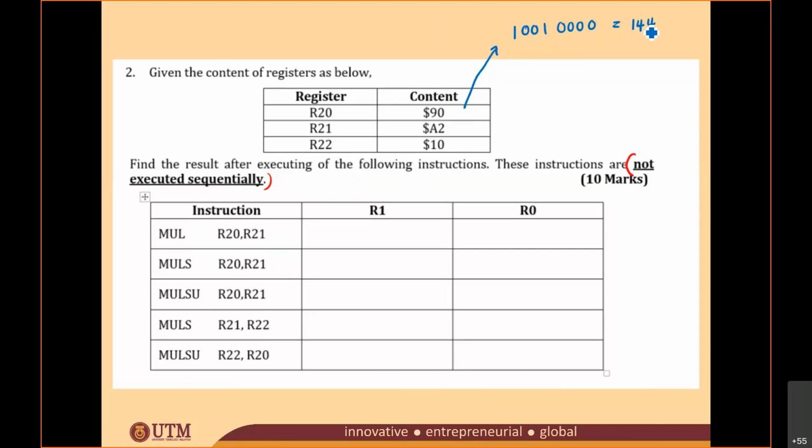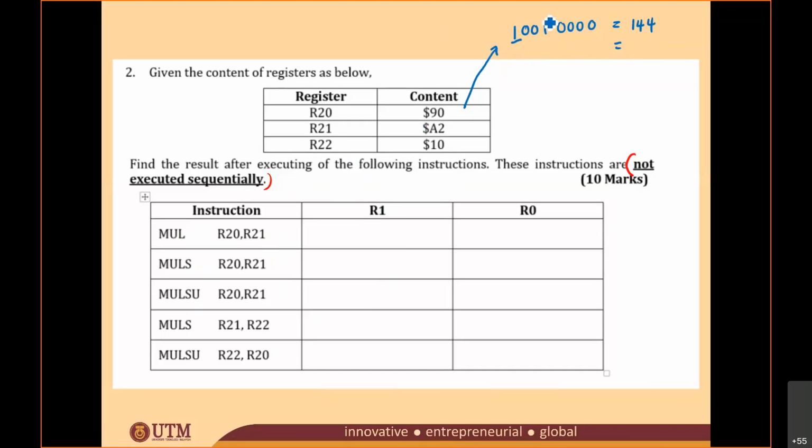I don't have a calculator, so the result here depends on you. If you give the wrong answer, then the result will be wrong. If this number R20 is a signed number, I need to check bit number 7. Since bit number 7 is 1, I know that this is a negative number. So I need to convert to second complement.